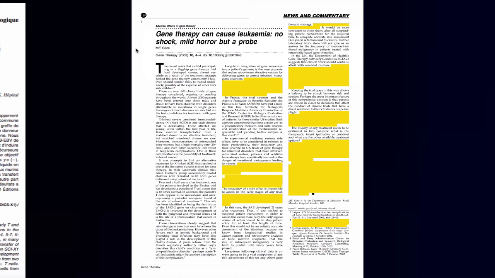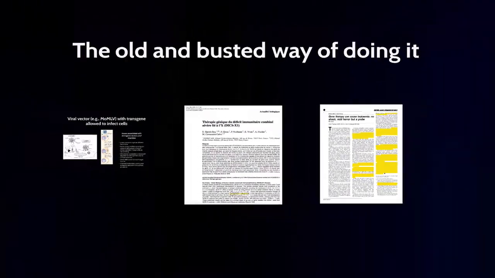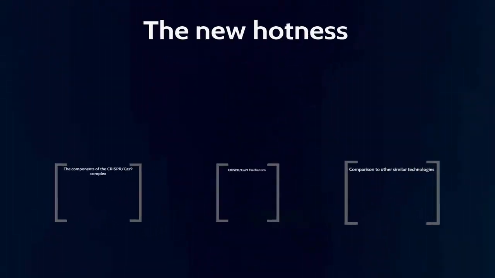And I don't know the status of current gene therapy clinical trials in the US. Yeah, I'm not sure about that. But my guess is that the policy is probably going to shift very soon, given the new hotness.